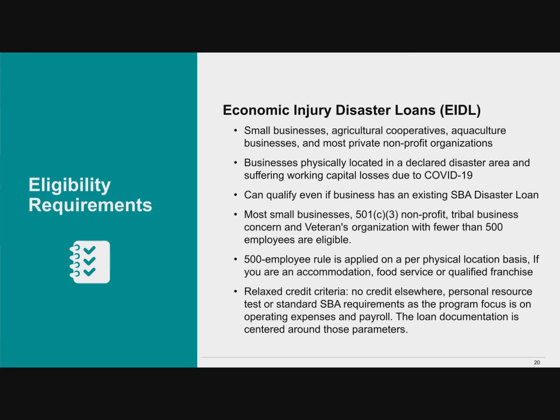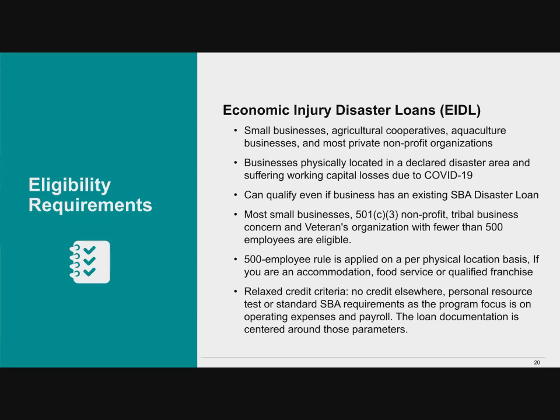One of the things I did want to point out as well, as far as the requirements, on this loan as well as the PPP, there's not anywhere on the application for the borrower to ask for a loan amount. The SBA and your lender will work with you to determine your loan amount based upon either your payroll and expenses through the PPP or payroll and expenses and other things through the EIDL.